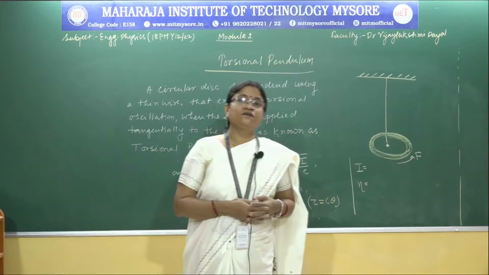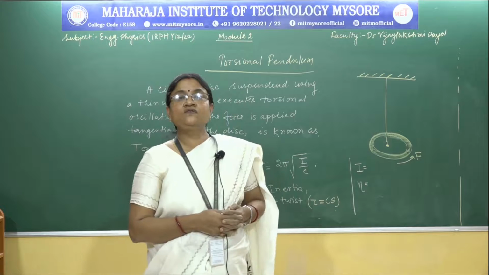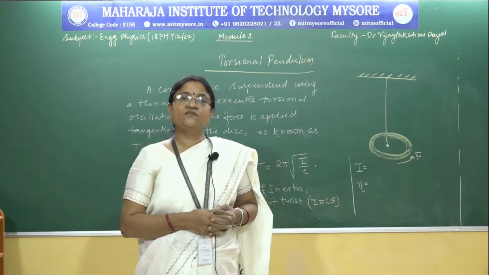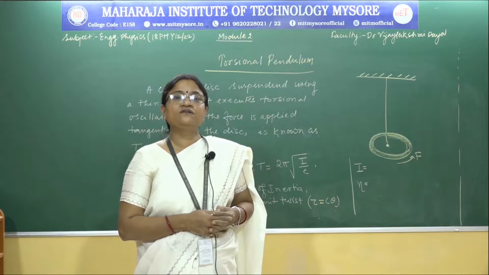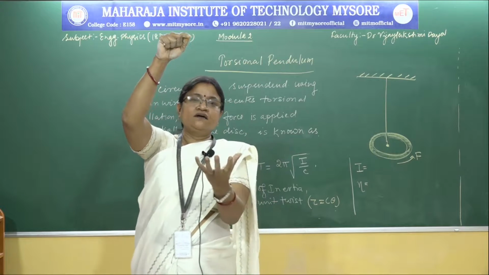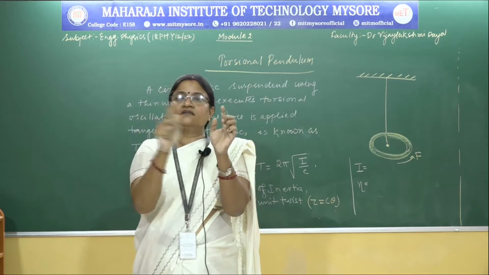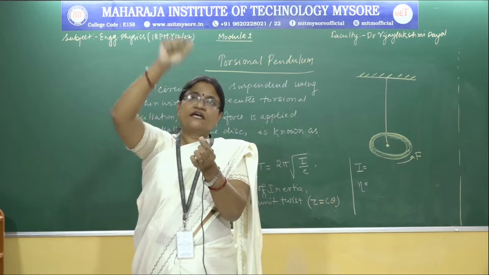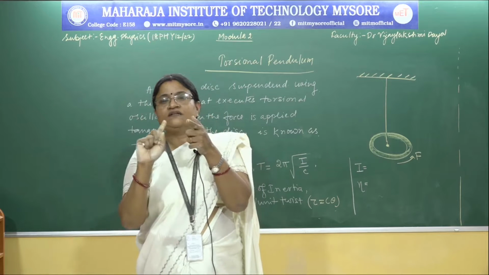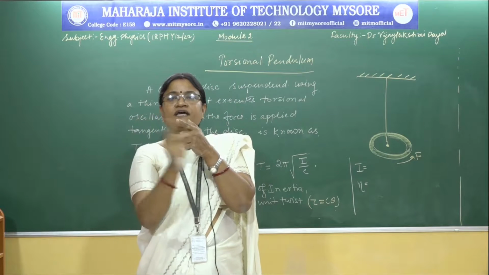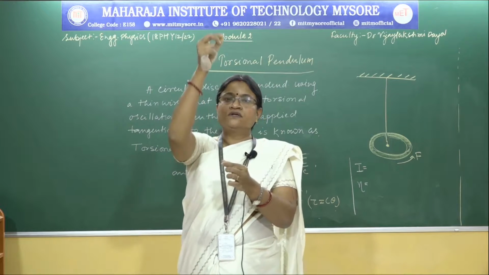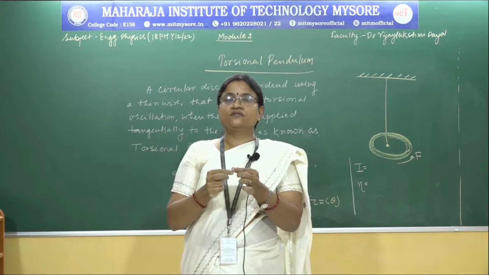So now I am going to explain what a torsional pendulum is. This is the last topic of module 2. When you hang a circular disc to a wire, and the wire is fixed to a rigid support, and you apply a force tangentially, means in the angular direction, to that disc, the wire will get twisted.